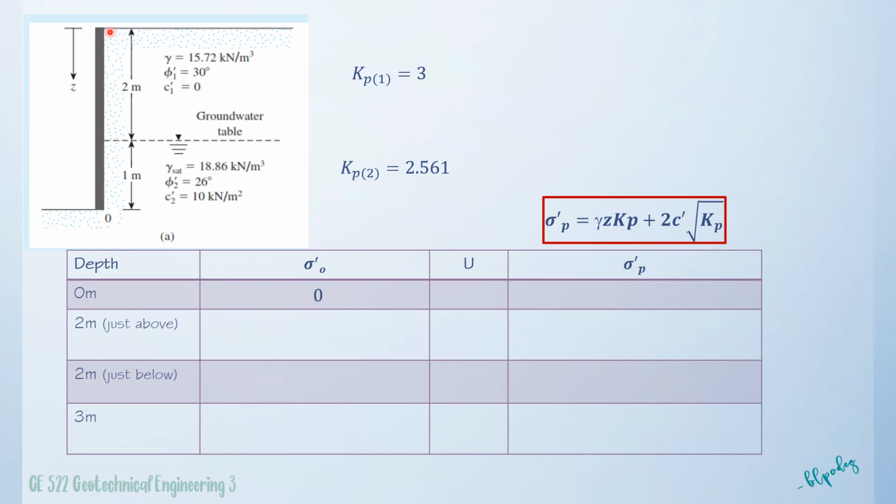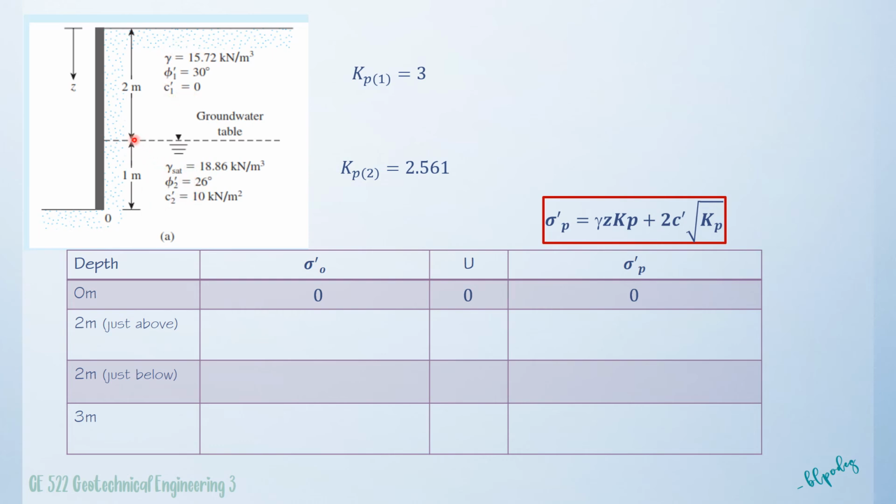Okay, so pore water pressure at z equal to 0 is 0, and then of course that simply becomes 0 times 3, that is 0. Next, at a depth of 2 meters just above, and we have another 2 meters just below. Since this is the boundary, we will be considering the two different parameters for the first layer and the second layer.